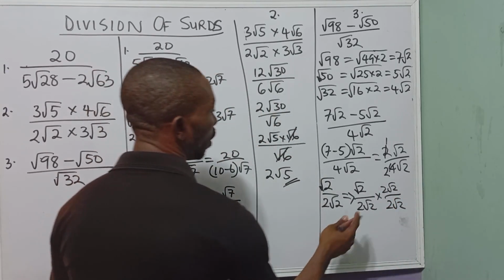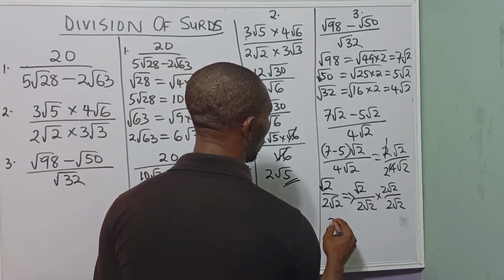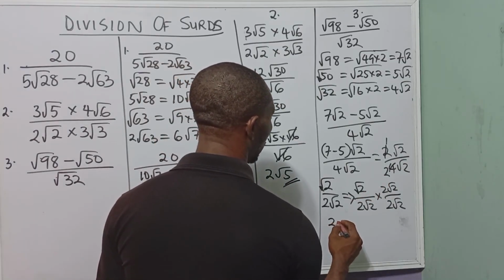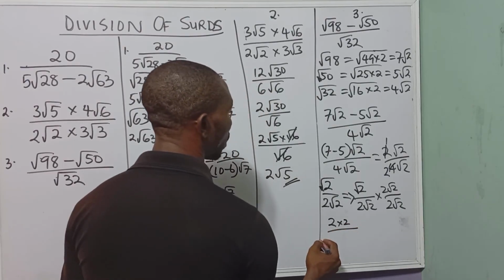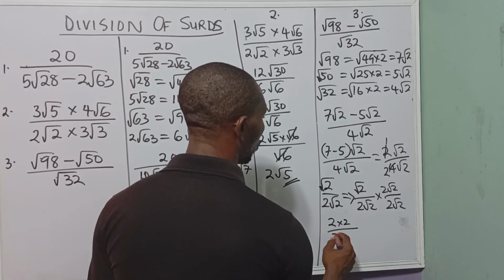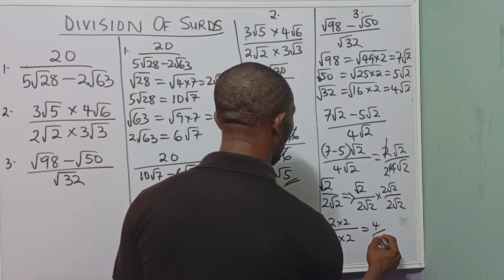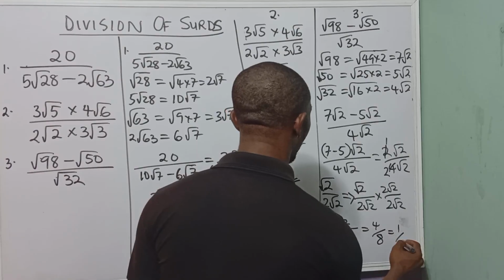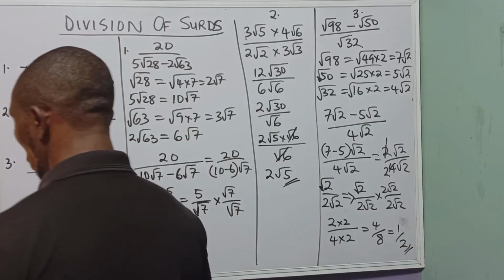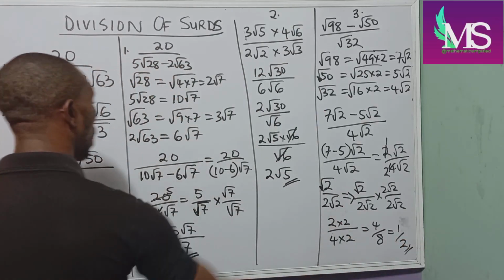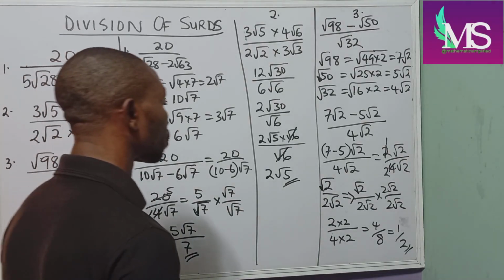If we do this, this becomes 2 all over 2 times 2, which will give us 4 times 2, which is 2 over 4, which is 1 over 2. So with this, we've simplified it as 1 over 2.